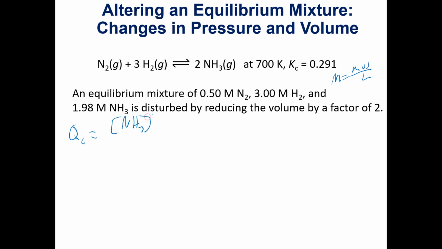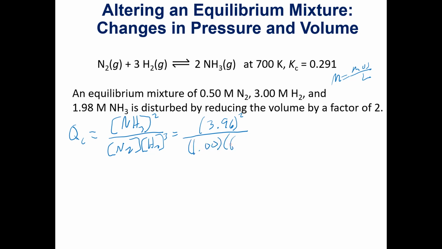So if we write Qc, and we've written this expression earlier, so we're going to go ahead and just copy our Qc expression here. So we're going to double all these concentrations. So 1.98 doubled is 3.96, squared. 0.50 doubled is 1 molar.